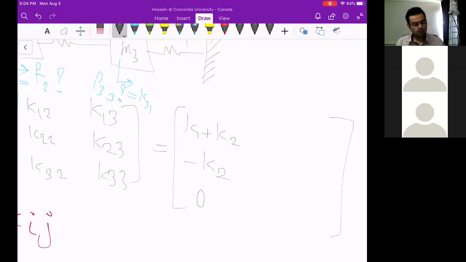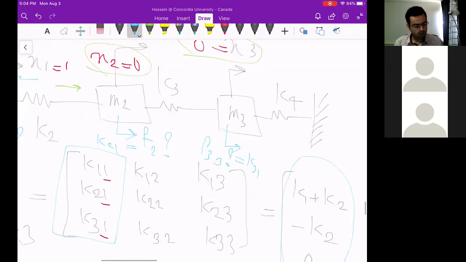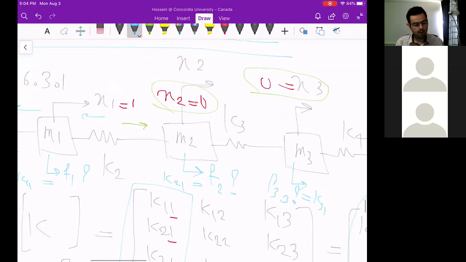So I want to review the first column again, how to fill out the first column. For finding the stiffness, for the first column, you apply a unit displacement at mass 1, while you have to make sure the displacements at mass 2 and 3 are 0. And you have to find the corresponding forces, which is translated into a stiffness at the first column.